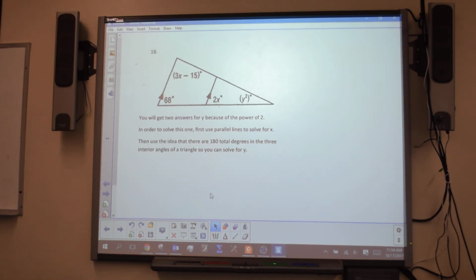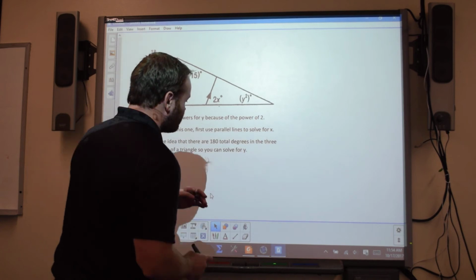I simplified and got 155 plus y to the second power equals 180, and then I subtracted, and got y to the second power equals 25, and then I knew it was negative. Okay. Good. All right.